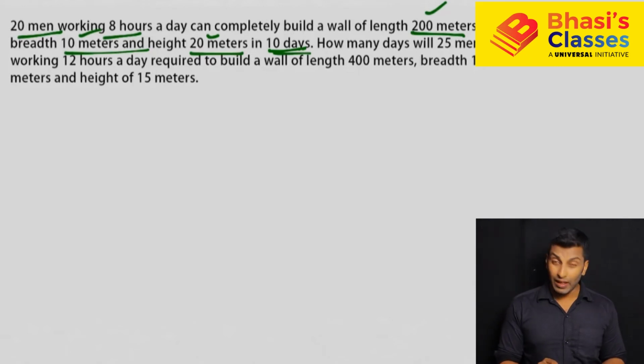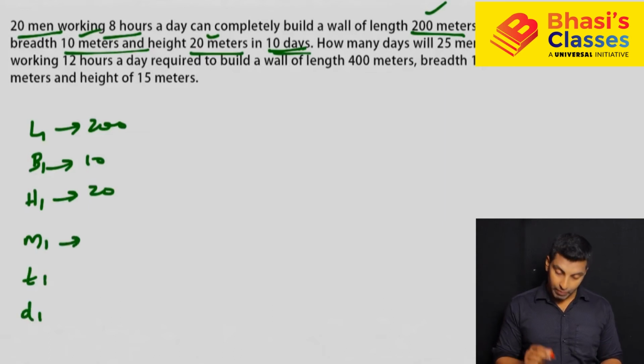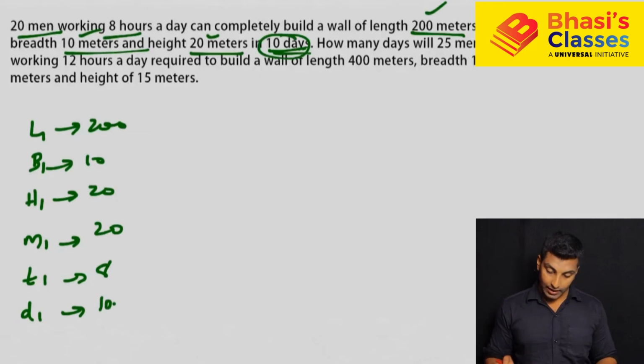I am just writing this for the purpose of understanding. In an exam, in an actual situation, you should not do all these things. So L1 is 200, B1 is 10, H1 is 20. M1 means number of men, that is 20. T1 is given as 8 hours. D1, how many days it will take? 10 days.